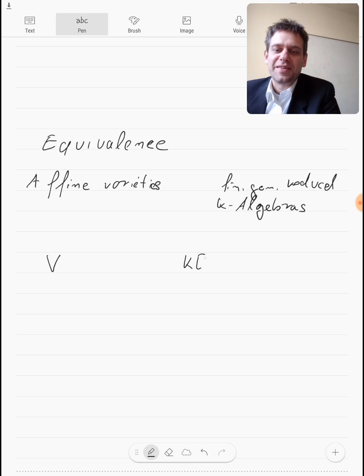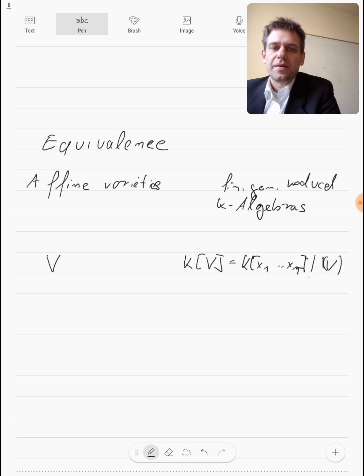Let's just look at k[V], which is the ring of regular functions on V, which is, since V is affine, the same as the coordinate ring k[x1,...,xn] modulo the ideal generated by V. This is a fact you should already know by now.